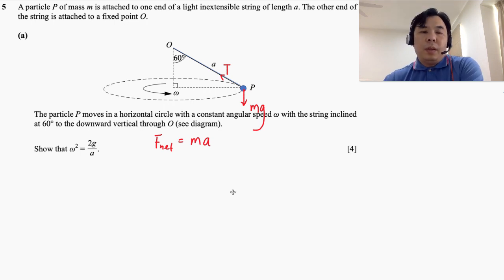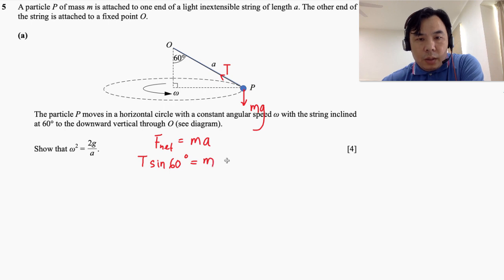In this case, the resultant force that contributes to the centripetal force is given by T sine 60, and that produces an acceleration.